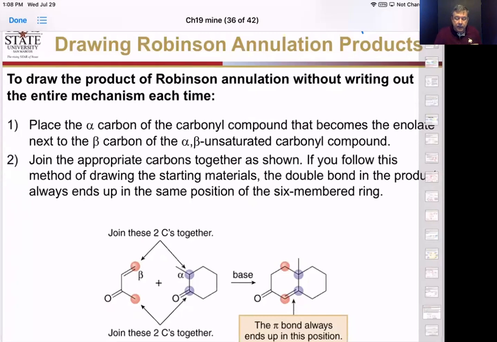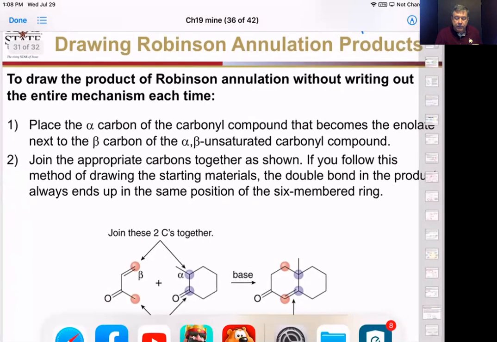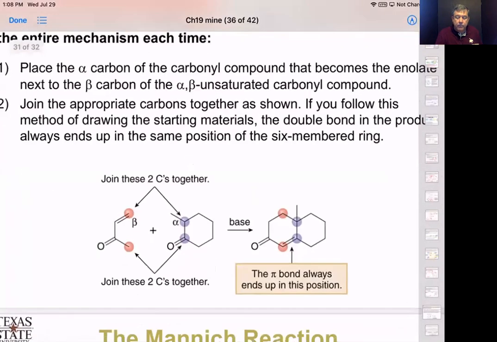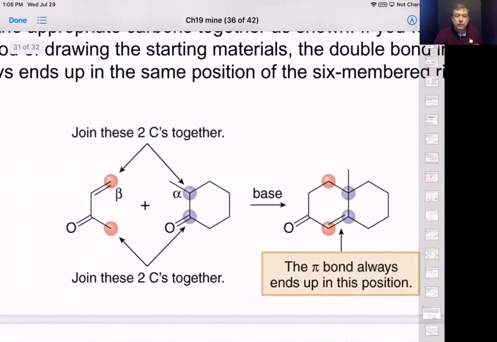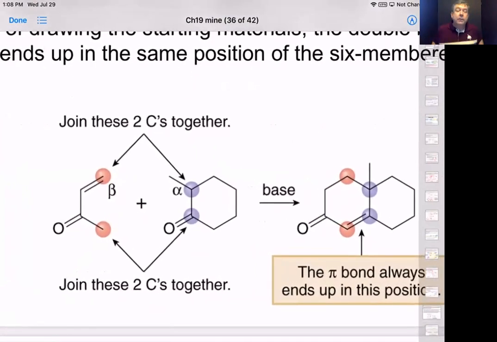So in the case of the Robinson annulation, we of course have our conjugated system, our unsaturated, in this case, ketone. Notice we have to have a ketone for this system because we're actually deprotonating this side of the ketone for the second step.